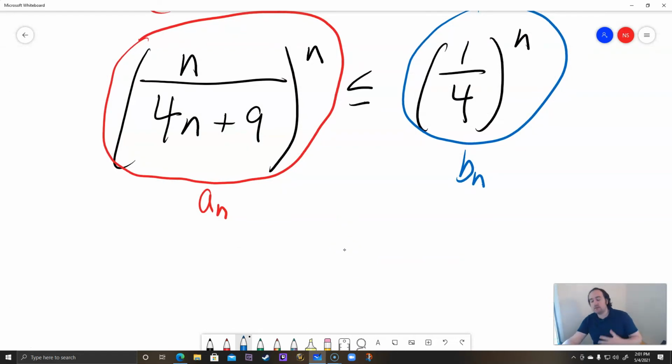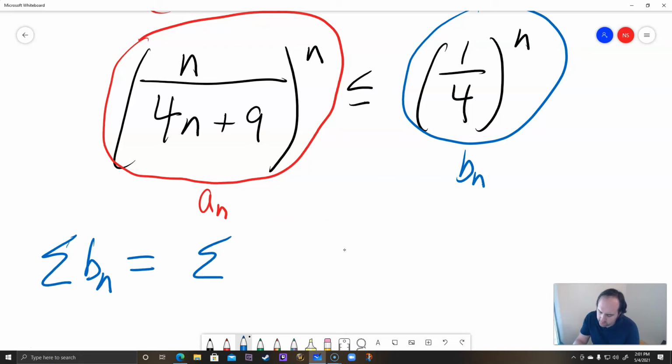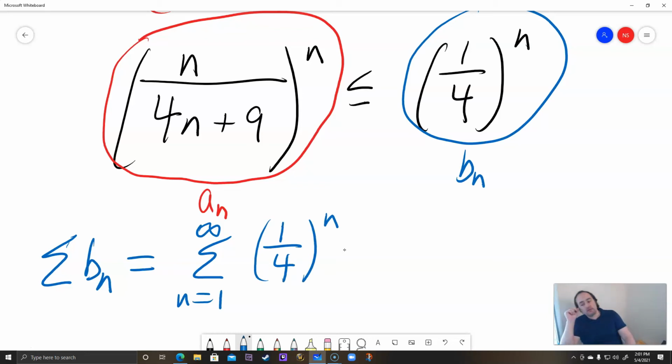Now we just need to show that the sum of b sub n converges. The sum of b sub n is the sum from n equals 1 to infinity of 1/4 to the n. And we can see that this is a geometric series because it's in the form sum of a times r to the n, which is geometric.